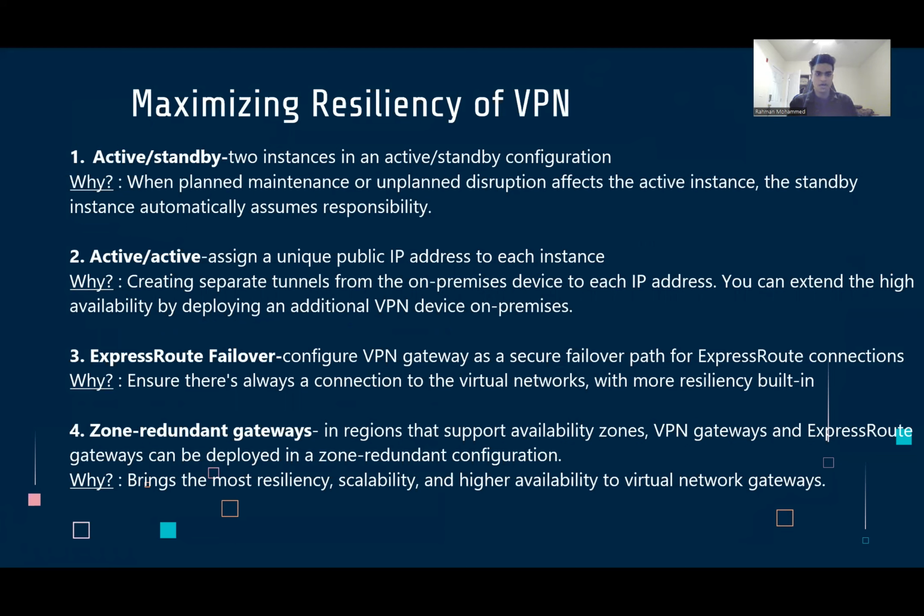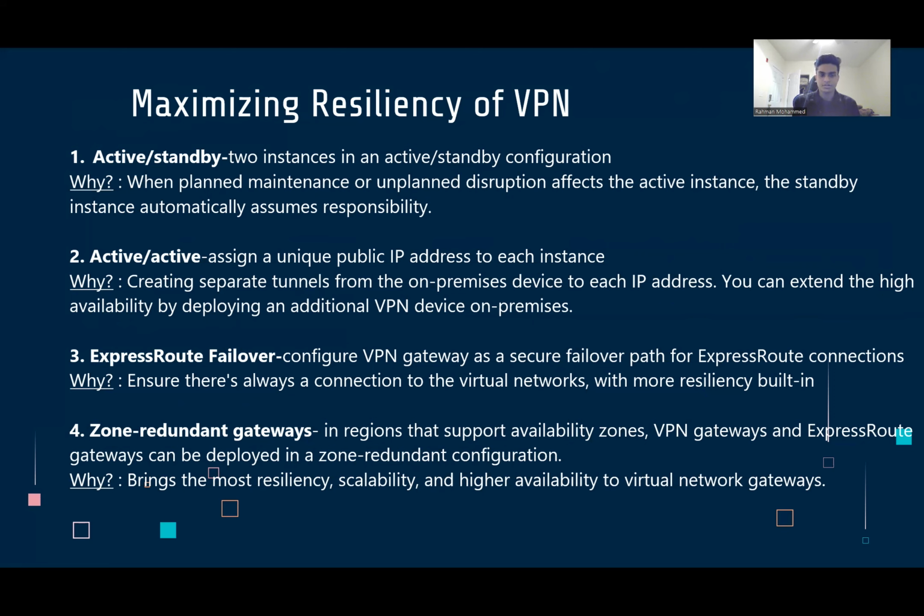So there's one where you have active and standby. You're going to configure 2 instances. One will be standby, one will be active. These instances assume responsibility. The active one will be the one that is running, and if there's some sort of disruption, the one on standby will assume its responsibilities. Then you have an active-active one. This one creates 2 separate tunnels, so they each will have an IP address.